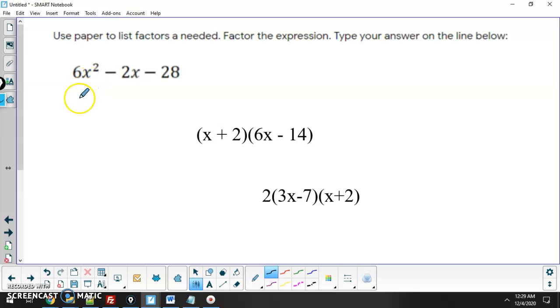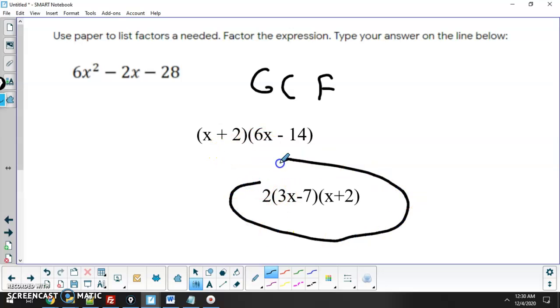All right, for this next one, I won't do the whole thing, but I saw 2 different answers, okay? One of them is really factored fully and one of them isn't, okay? Some of you forgot to take out the greatest common factor, and then you had to work a lot harder, and you wrote down this as your answer, but actually it should be this particular one, okay? And when you're checking it, the middle is not going to be this middle, okay?